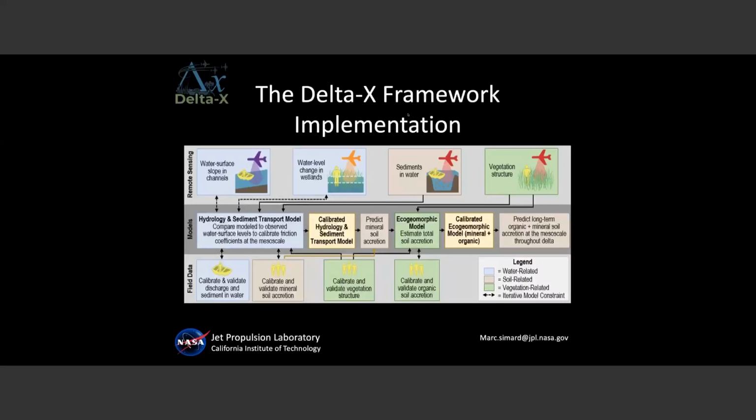So the DeltaX framework is as shown here. We have 3 layers, the top layer being the remotely sensed measurements of parameters of interest. At the center, you have the models. And at the bottom row is the CalVal datasets, which are collected in situ. So the models are constrained by both the remote sensing measurements and the field measurements.